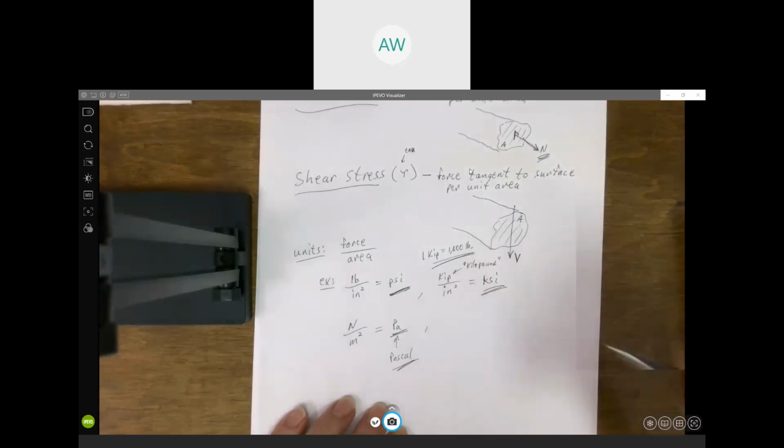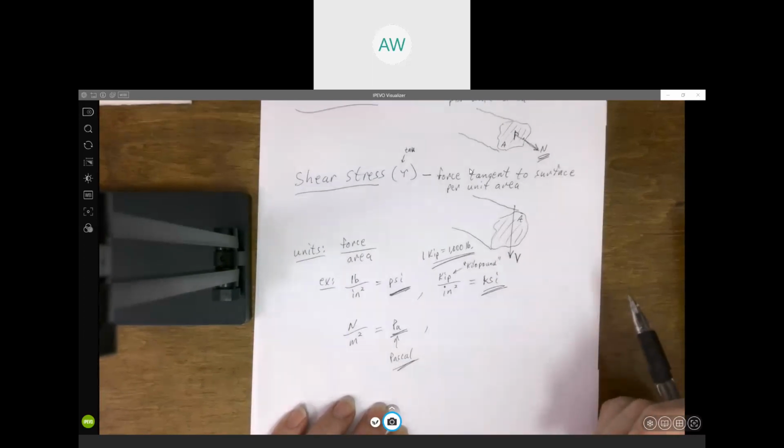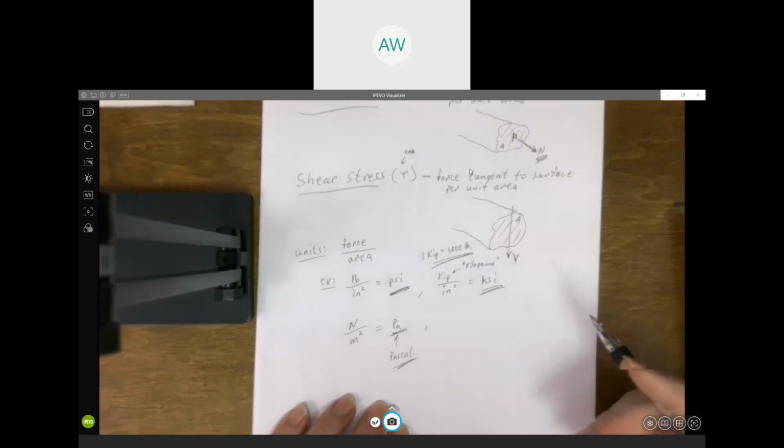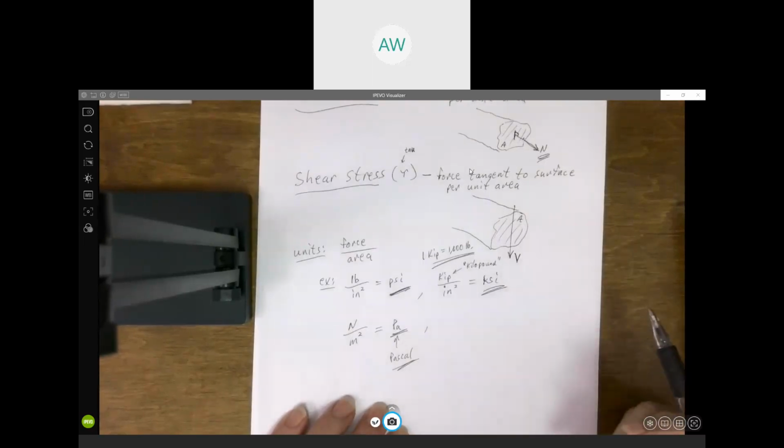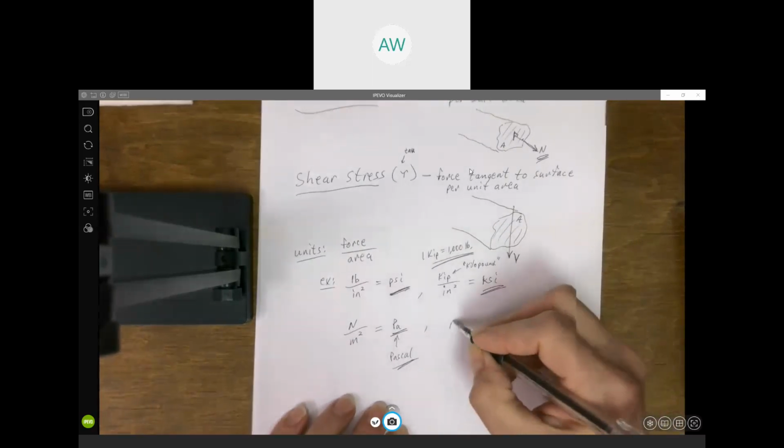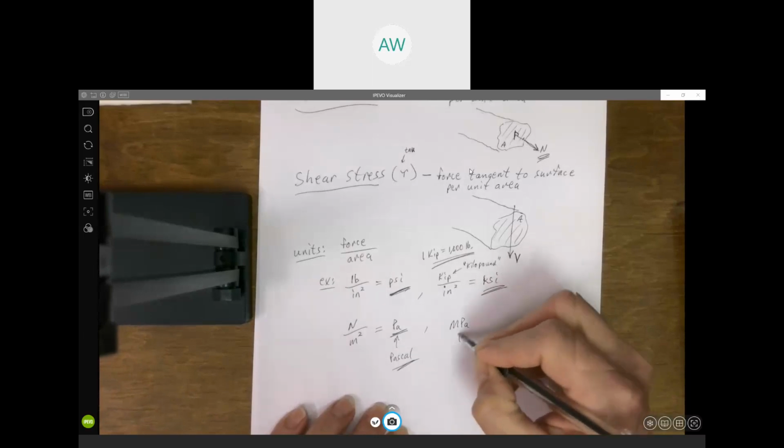Now, if you're calculating stresses with SI units, typically these stresses are going to come out to be very, very large numbers. And so it's very common if you've got something, say, in the millions of pascals, to write it using megapascals.